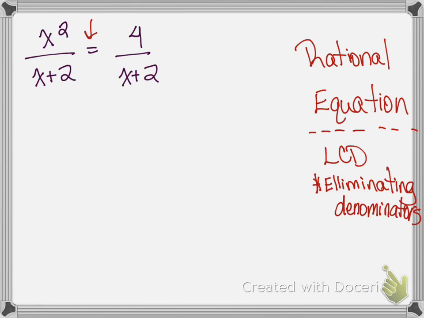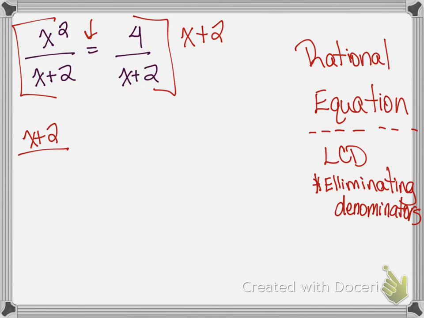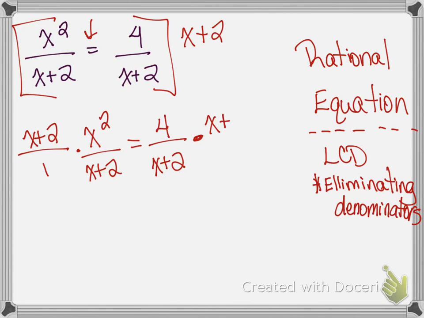So what is my common denominator here? x plus 2. So all I have to do is multiply x plus 2 times both sides. When I do that, I have x plus 2 over 1 times x squared over x plus 2. Then I have 4 over x plus 2 times x plus 2 over 1.